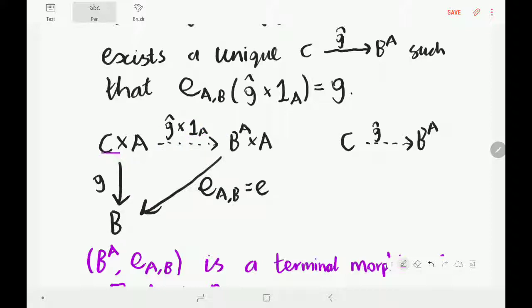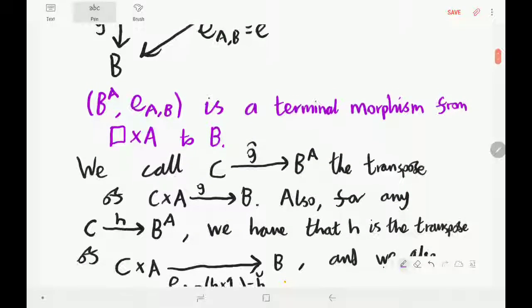And conversely, if we have a G from C times A to B, we can convert that to get a G cap from C to B to the power of A just by using this universal property, that there exists this unique thing. So we can get it that way.